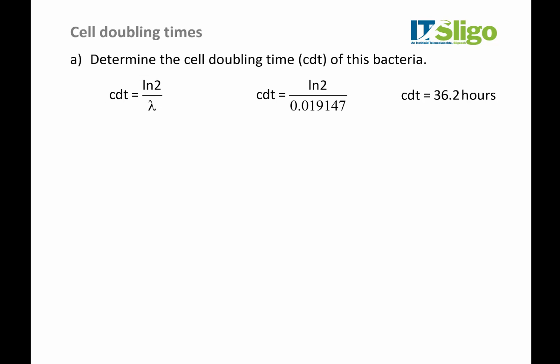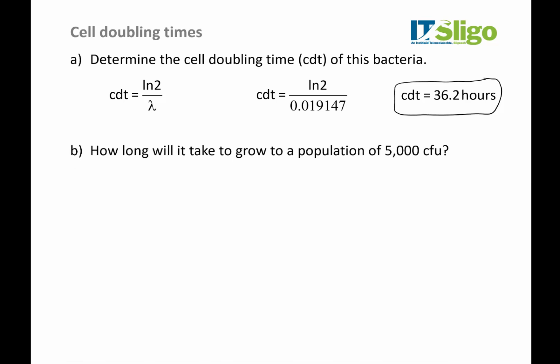So we've now got the cell doubling times. So each type of bacteria would have a cell doubling time. It would be a known factor in the exact same way as radioactive materials would have known half-lives. Particular cultures of bacteria would also have known cell doubling times.